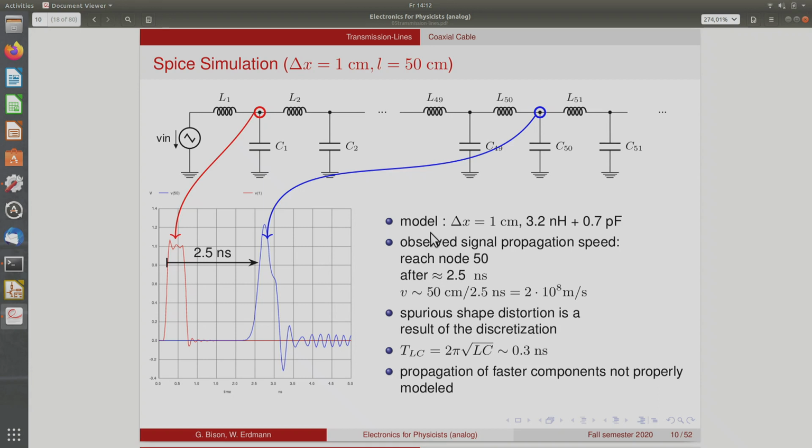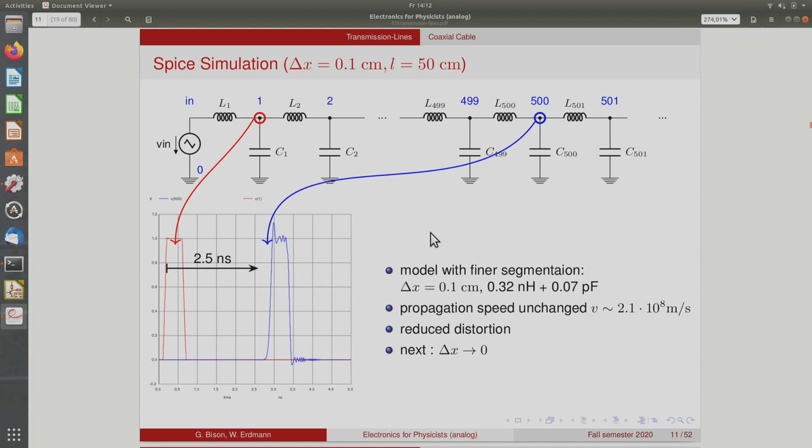So the next slide then has the same thing, but not with segments of 1 centimeter, but of a millimeter length. And now you see that the result after 50 centimeters already looks much better. So now we have per block 1 millimeter and 1/10 of the capacitance and 1/10 of the inductance.